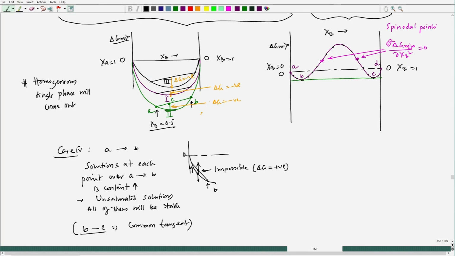Now, similarly, if I take D to C, and C is part of the common tangent which is passing through B also.